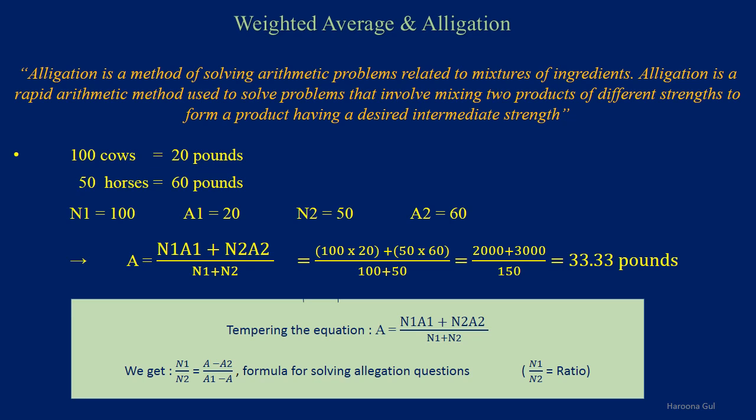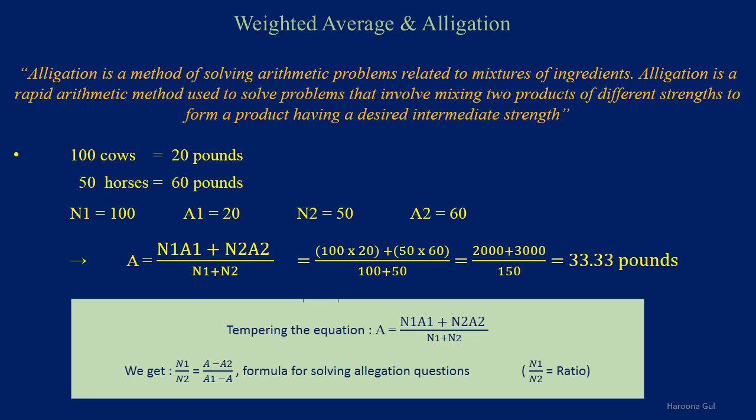Now this means that the weight, which is 33.33 pounds, is near or close to 20 pounds, that is the average weight of the cows. It is because the number of cows is double the number of horses. So you see how this weighted average works.